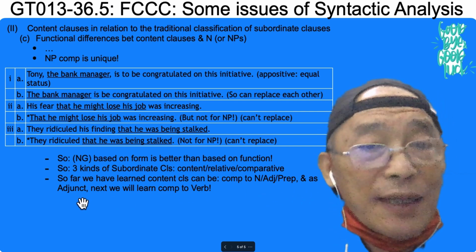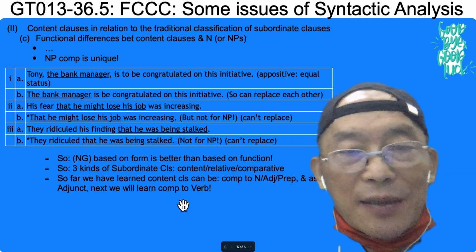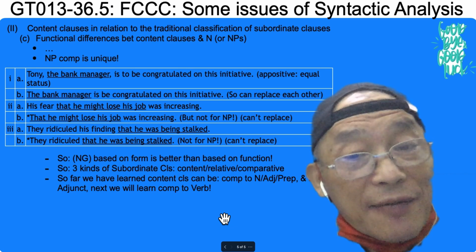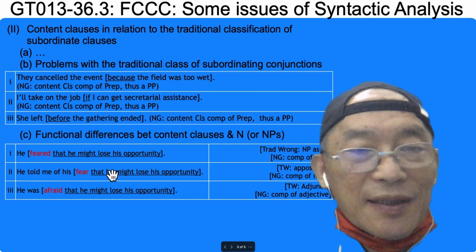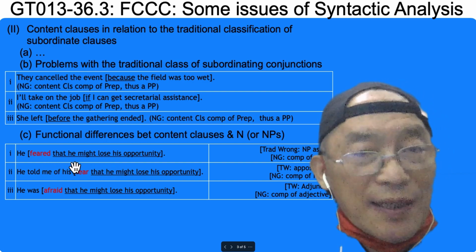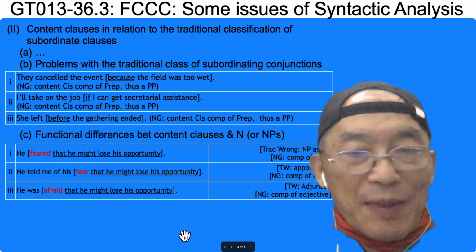Or it can be an adjunct. And then we will talk about complement to a verb. But in fact, we have talked about it a little bit, right? A verb and a verb complement. And it's a common clause acting as a verb complement.